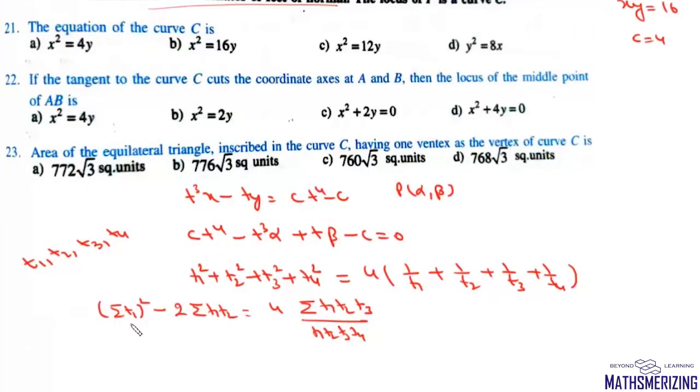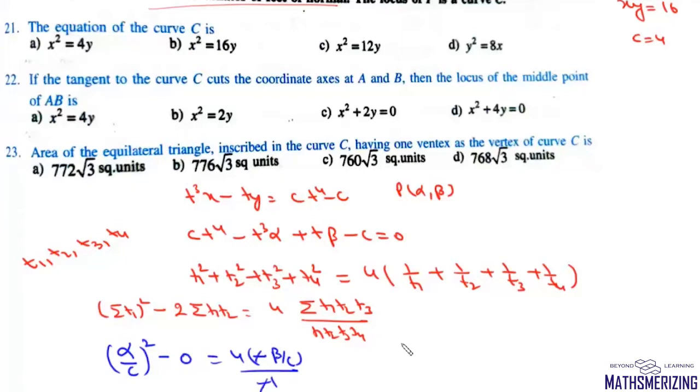Now summation ti is s1, and s1 in this case is alpha upon c, so it will be alpha upon c square minus s2. Now there is no t square term, so s2 will be 0 minus 4. Now s3 is minus beta upon c upon s4, and s4 is simply minus 1.